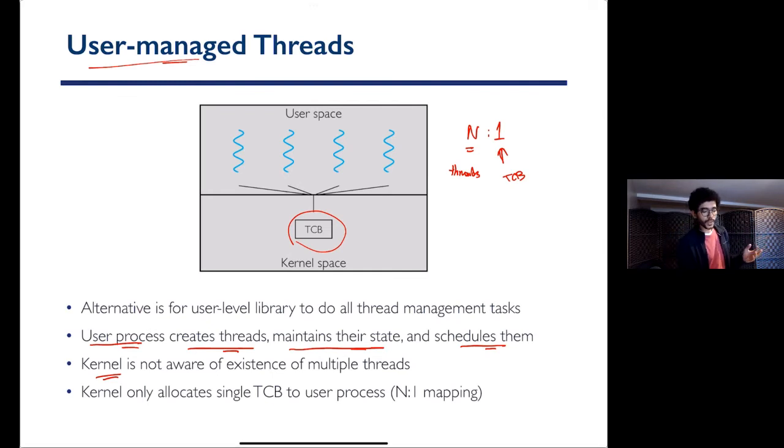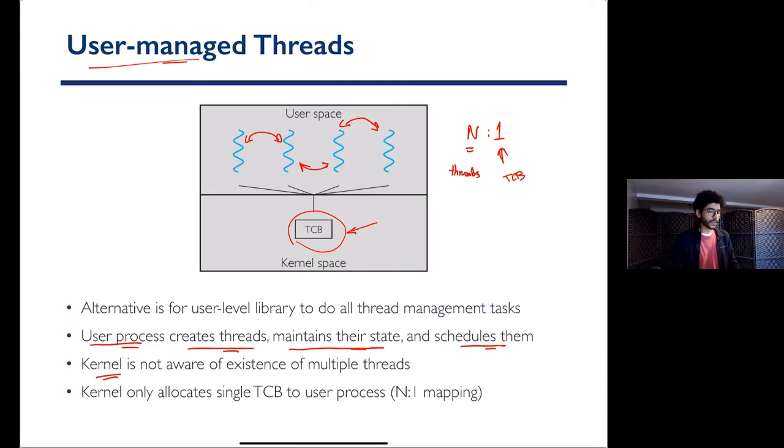As far as the kernel knows, there is only a single thread. Now, on the surface, this model is good because I can context switch between these threads just in user mode. I don't need to do a system call, for example, to yield, right? I can yield inside user space.